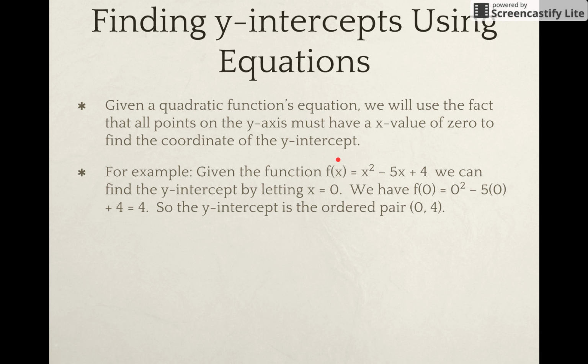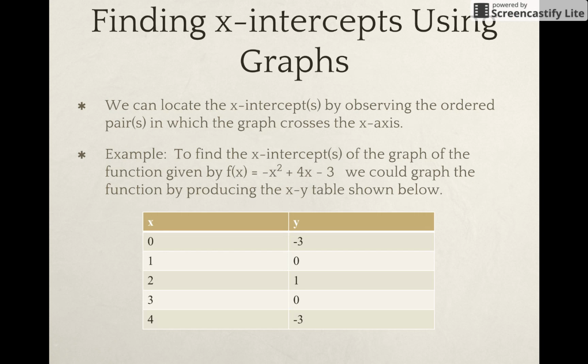You'll notice that that's the value of c in our general definition of a quadratic function, f(x) = ax² + bx + c. This is not a coincidence. The y-intercept is c for all of the quadratic functions.